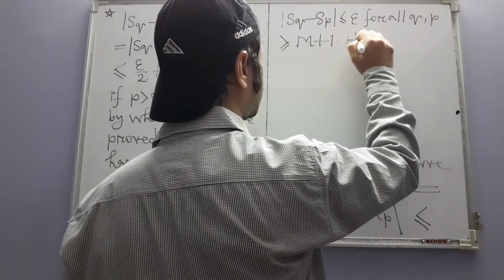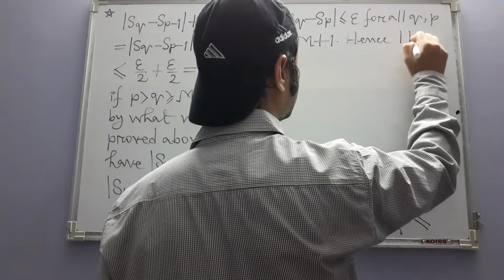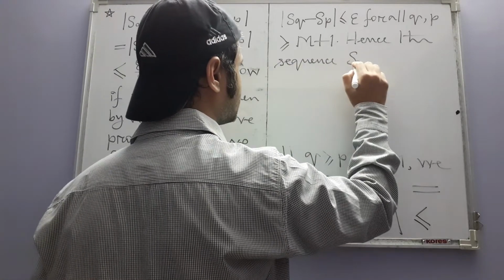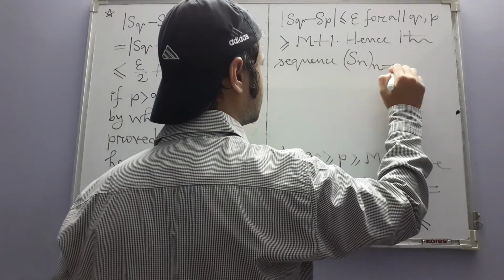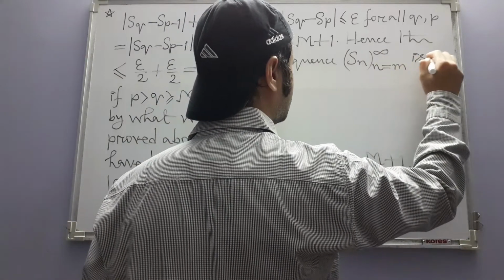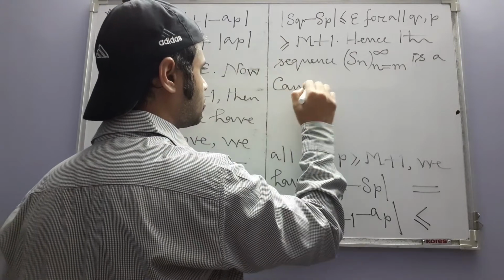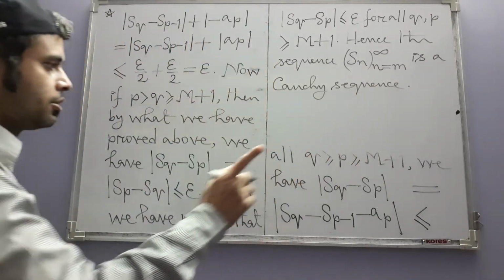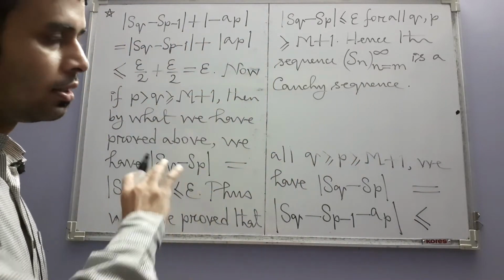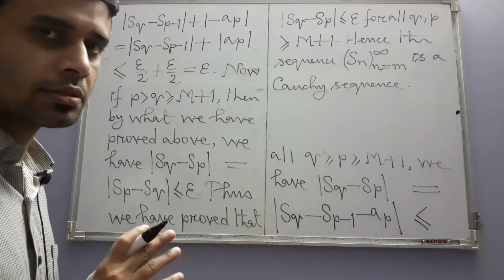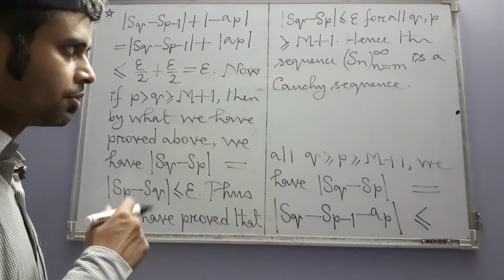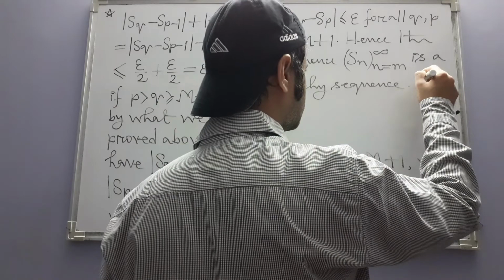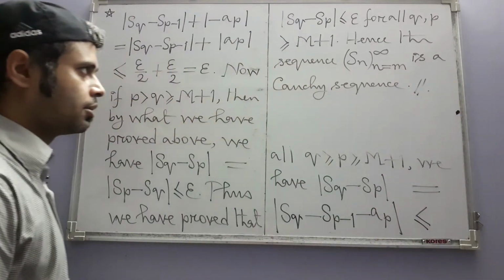Hence, the sequence Sn is a Cauchy sequence. And consequently the original series is a convergent series. So if we consider the conditions given in the statement of this proposition, then if those conditions are true, then the series is a convergent series. So this completes the solution and proves this theorem.